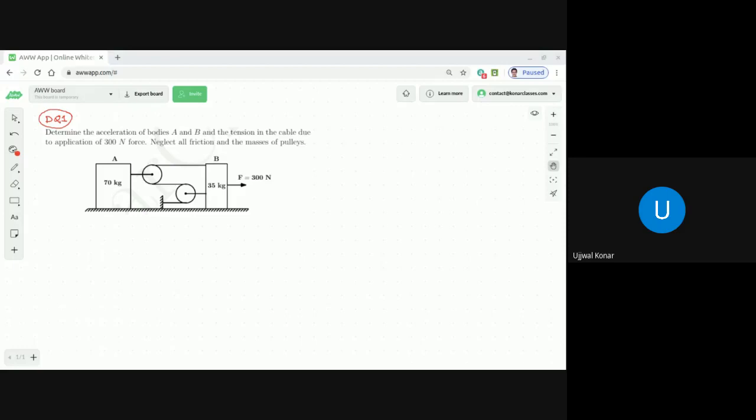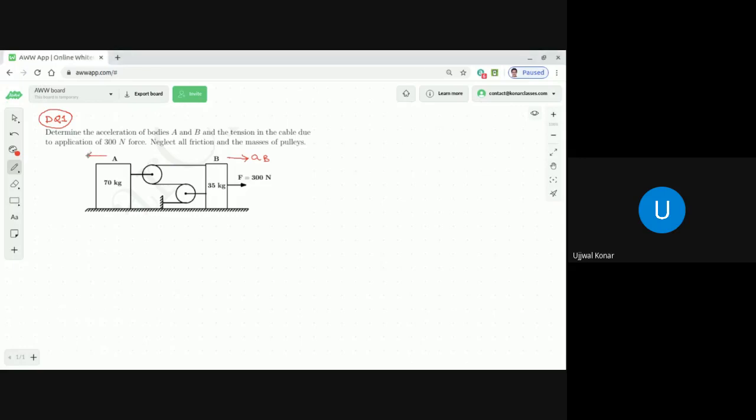Let's assume AB is the acceleration of the block B, moving towards right, and the acceleration of the block A is towards left.